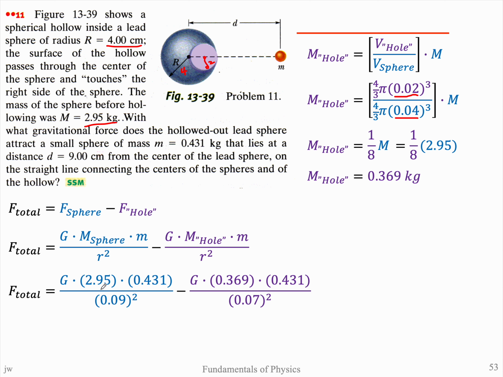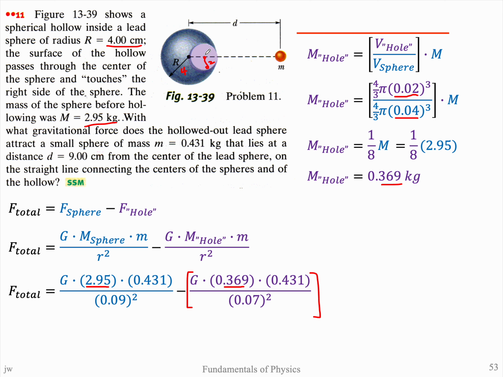We can now plug that into our equation down below. So we're actually going to take the entire mass of the sphere before the hole was drilled out. Why? We're going to pretend as if that hole wasn't there, and then we're just going to subtract the missing force because of this missing matter. The mass is this right here. This is our mass of our missing hole from up above here. And you might say, wait a second, why is this 0.07?